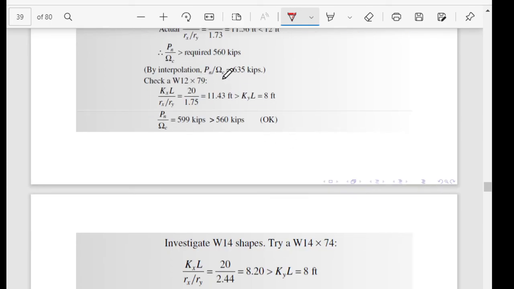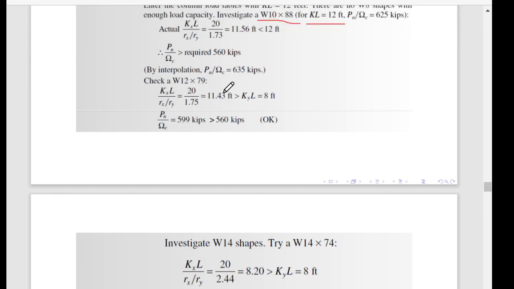You will find W12 by 79. Then look at the table to get the values for Rx and Ry. Then get the ratio. Then the actual effective length is equal to 11.43. Then by interpolation, since there is no exact value, you interpolate, and the value is 599 kilopounds, greater than 560 kilopounds.